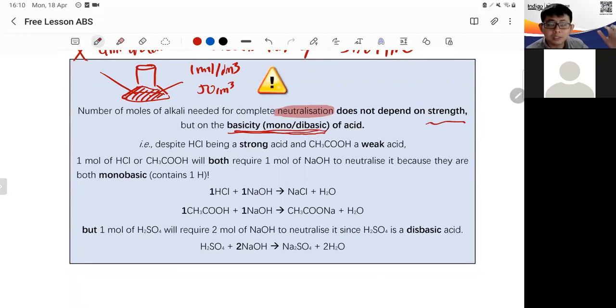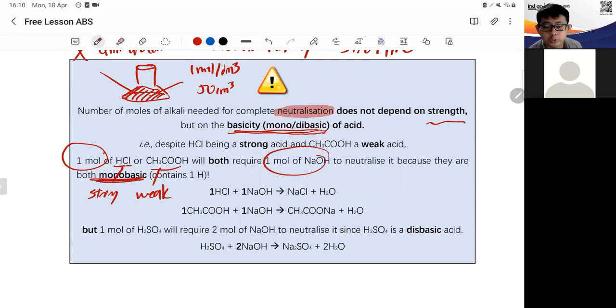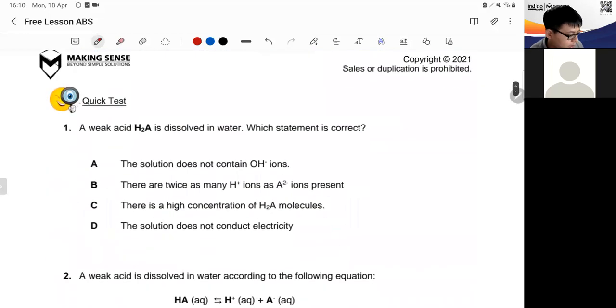So the rest of this page tells you that if I have one mole of a strong or weak acid, as long as I know it's monobasic, you will only require one mole of NaOH to neutralize. If this part confuses you because you haven't learned moles yet, don't worry. When we teach you more in term 2, this bit will become understandable again. Okay, let's move on.